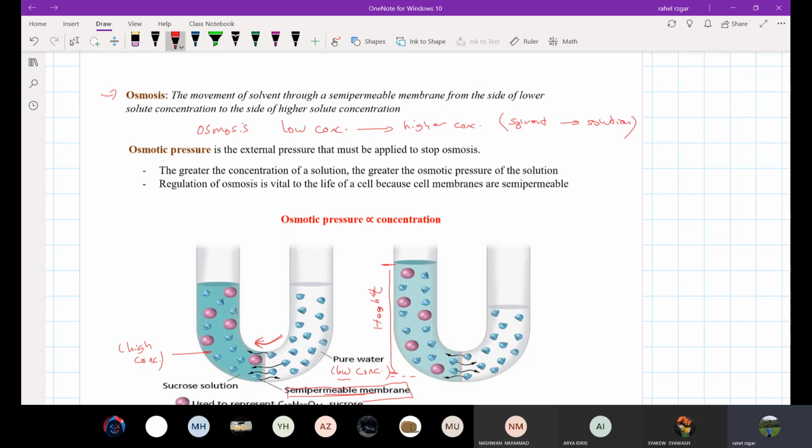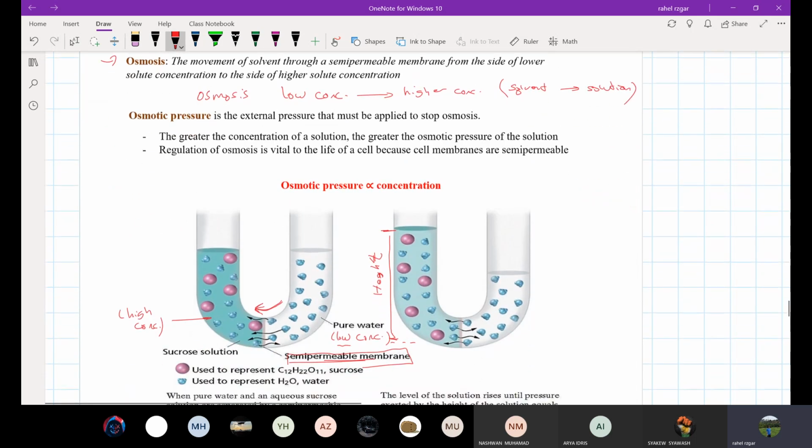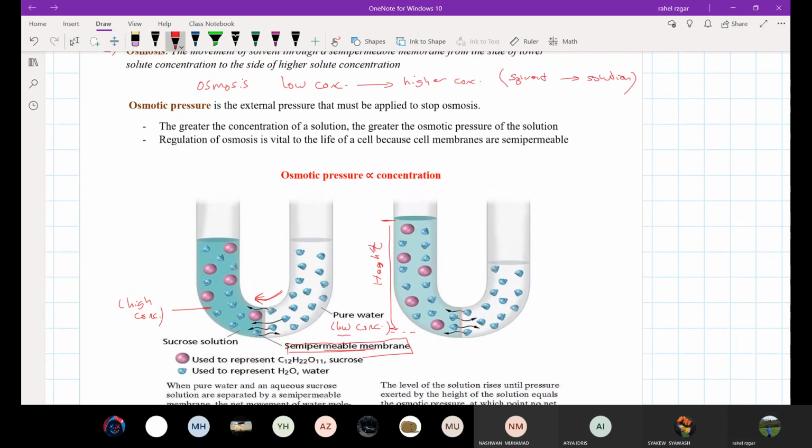All right. After that, what will happen? The level rises, see, until the pressure exerted by the height of the solution is large enough to force the water molecules back to the rate equal to that which they enter from the pure water side. It will apply a force on what? On this membrane. Why?